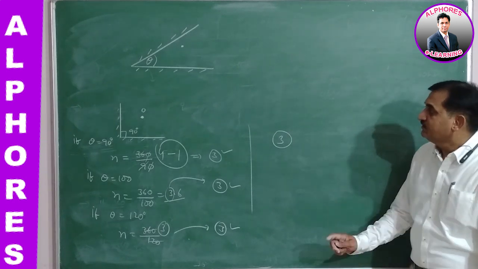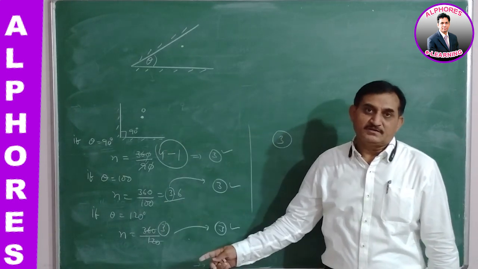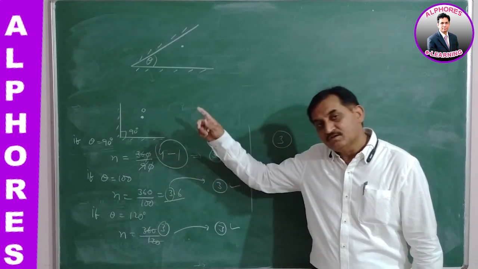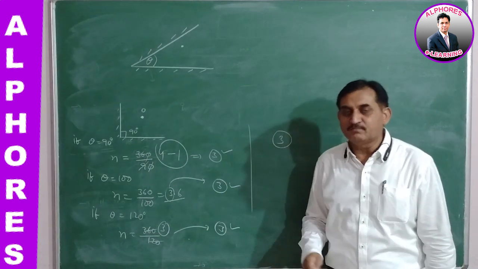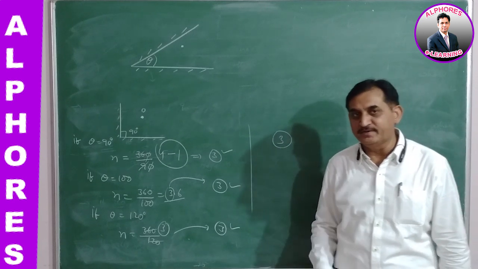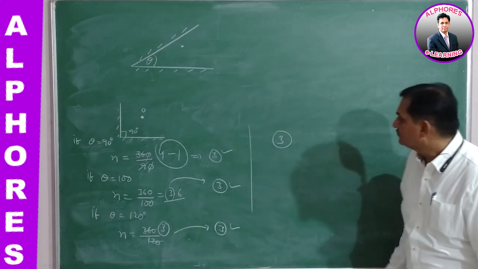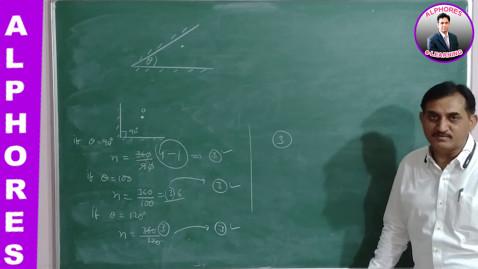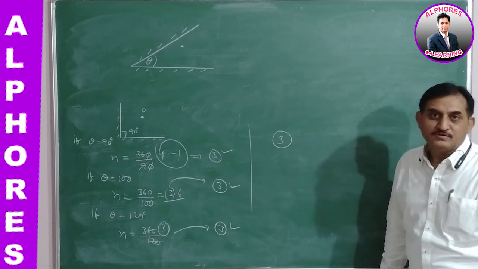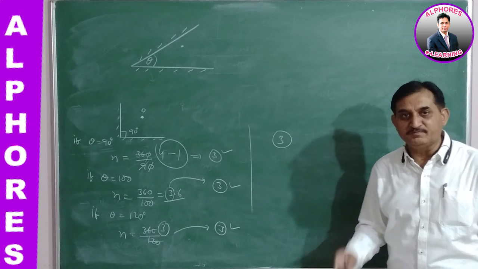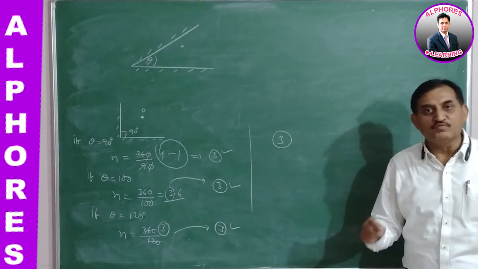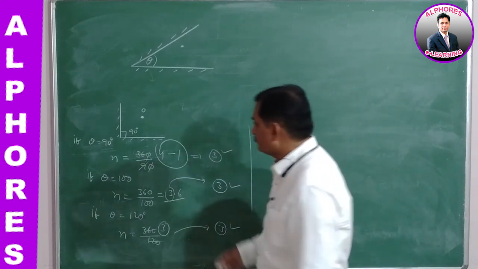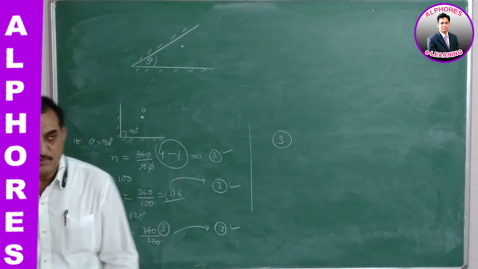Therefore, for any angle from 90 to 120 degree, the number of images formed is unique, whereas when the number of images formed is given, the angle between the two plane mirrors is not unique. The converse statement will be wrong. So this is a very, very important point.